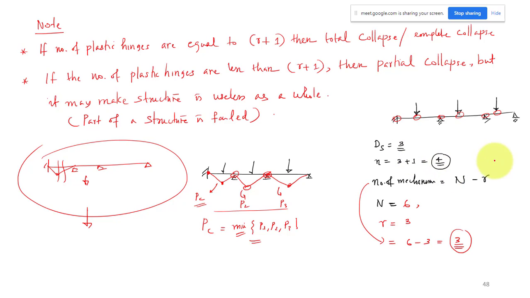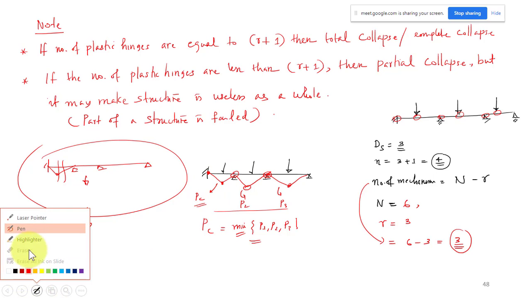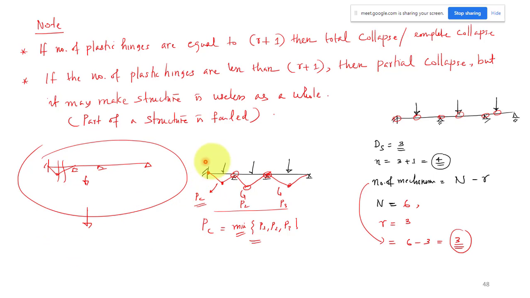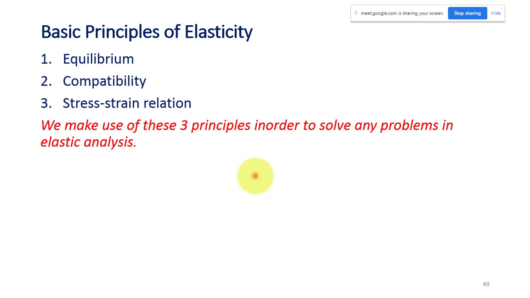But instead of that, I can take this span separately. Suppose 3 hinges are formed in this span, then that indicates there is a failure in this span, but there is no failure in the remaining 2 spans. That indicates your structure has failed, not a complete collapse, but a partial failure. A part of the structure has failed.